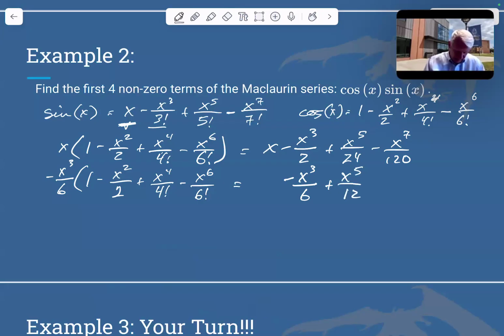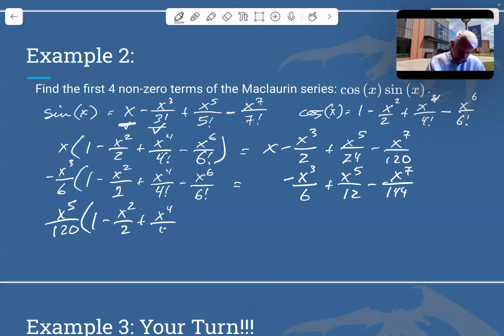And then I've got, this is going to be 24 times 6, that's going to be 144, x to the 7th. All right, so now the next term, so I got that one done. It's going to be x to the fifth over 5 factorial, which is 120, times 1 minus x squared over 2 plus x to the fourth over 4 factorial minus x to the 6 over 6 factorial.